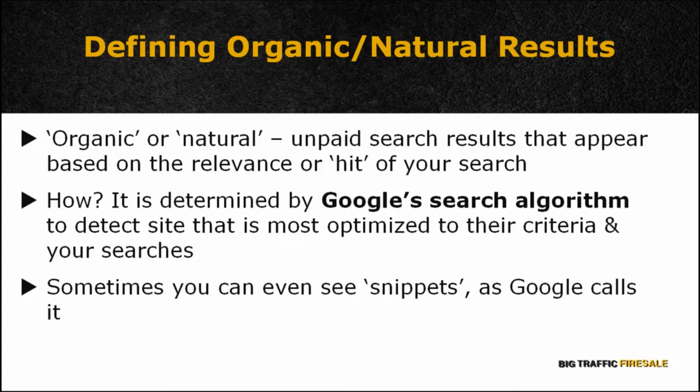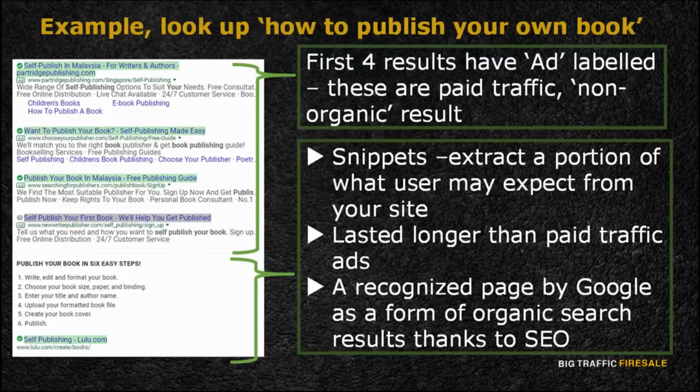For now, here's a better picture of these organic search results. Say, for example, you look up in Google browser on how to publish your own book or simply publish your book. You'll see up to 10 search results from this first page. As you can see, the first 4 results have ad labeled beside their link. These are paid traffic ads or simply non-organic results. Further down, as mentioned before, you may even see snippets linked to a site.